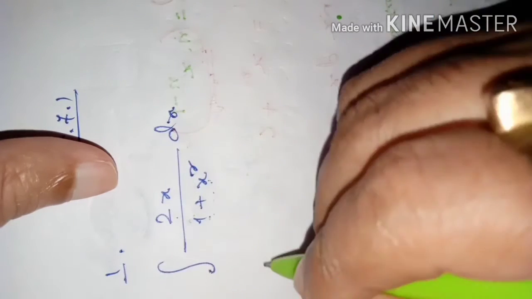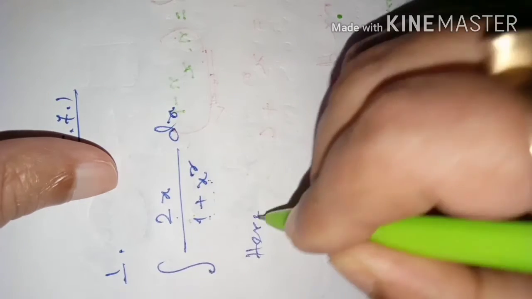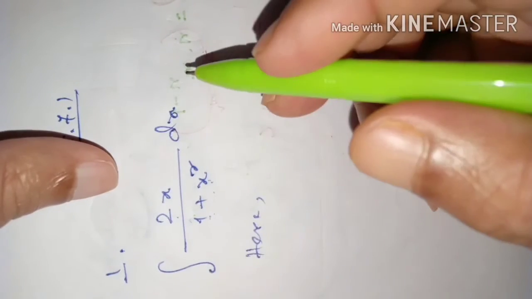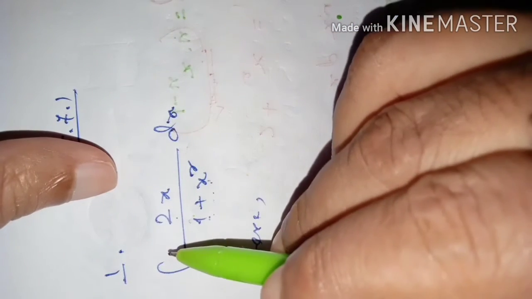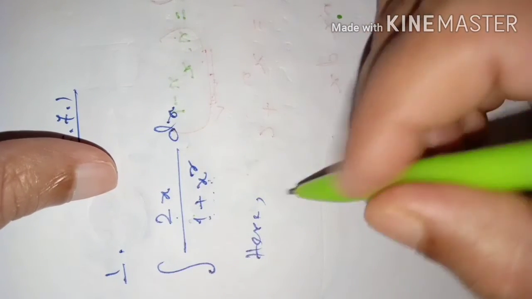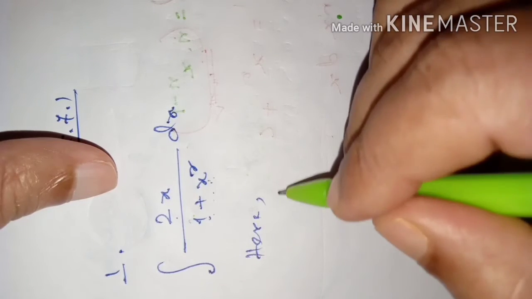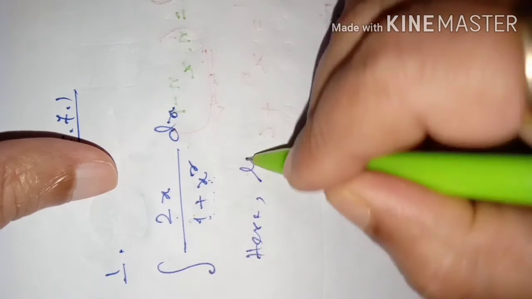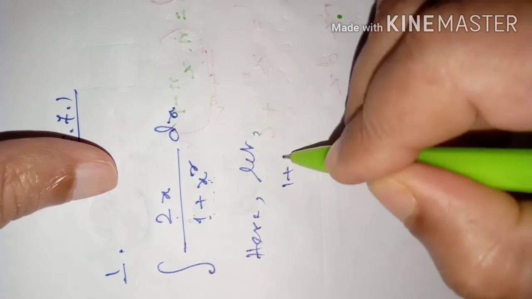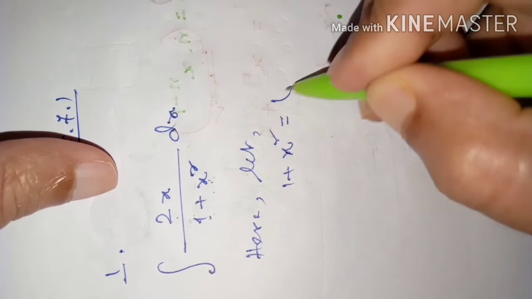So here we can suppose for that part a new variable whose derivative is another term. So 1 plus x square we treat as t. Suppose we say let 1 plus x square be taken as t.